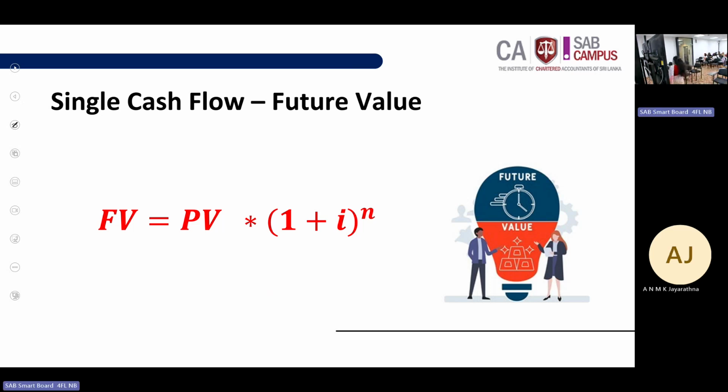Right? If it is a single cash flow, identification of PV is something different. Identification of FV is something different. Therefore, based on the type of cash flow, these three different cash flows, you have to identify the different calculations.